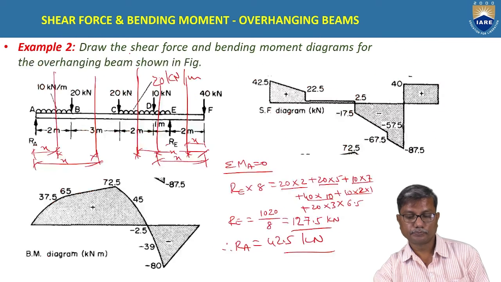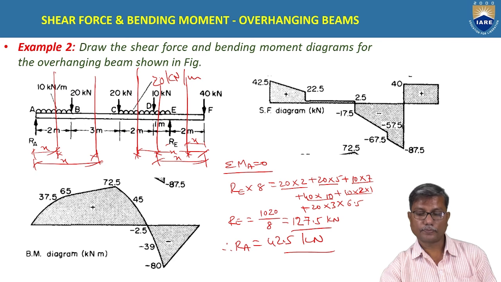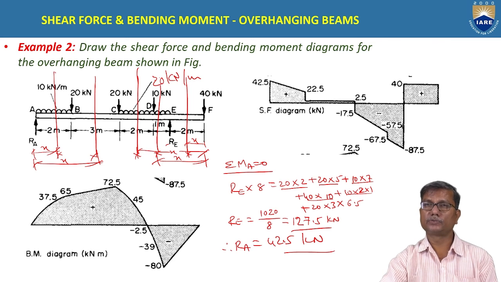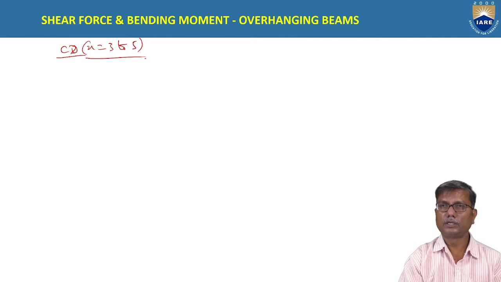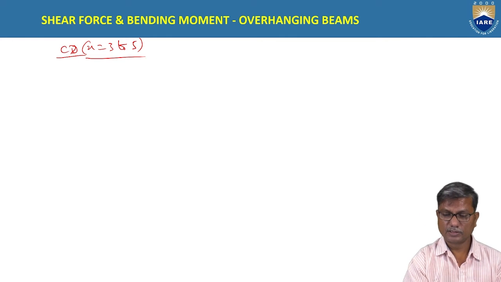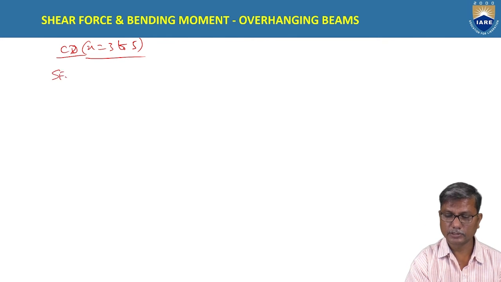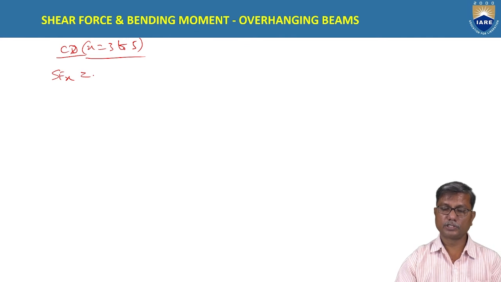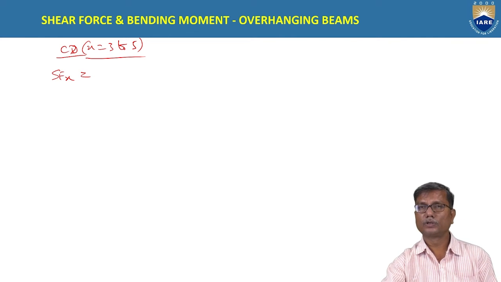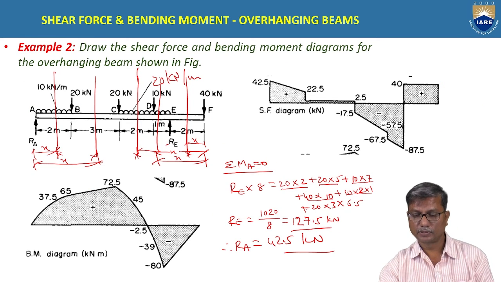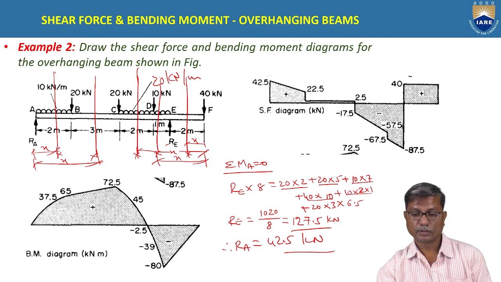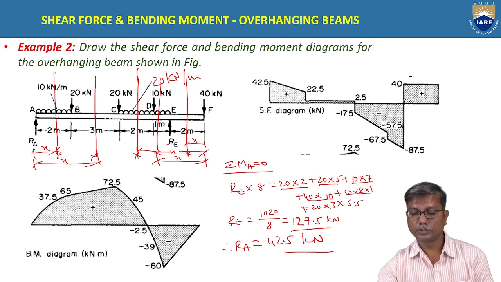Now, what is the shear force at x? Considering right hand side, taking downward force as positive, shear force at x is 40 plus 10, 50, plus 20 into (x minus 2).